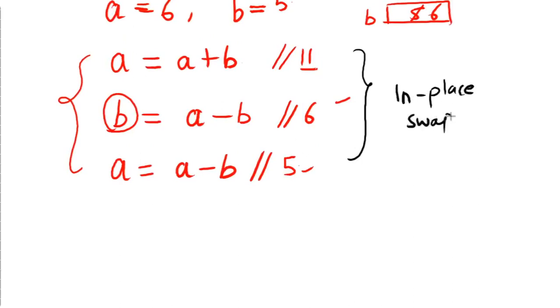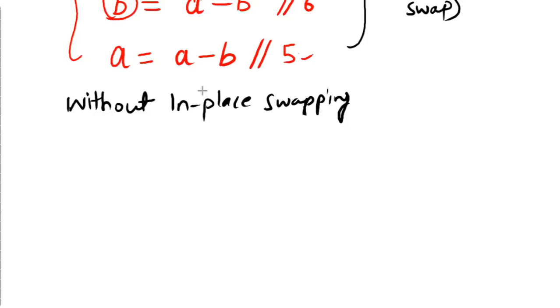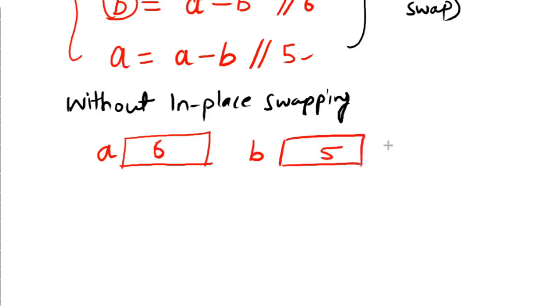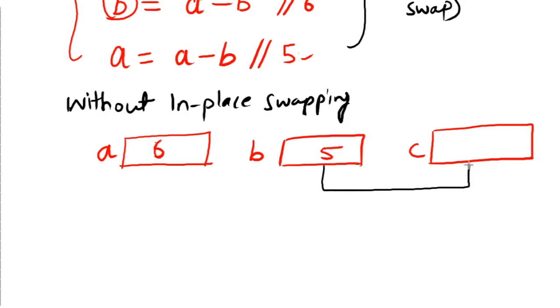Now let us see how swapping will take place using additional memory, and let us understand it visually. Let us say this is the address location of A and the value stored here is 6, and B is 5. Then consider another memory location C which will have some value initialized. First step is to move this value to the empty space.